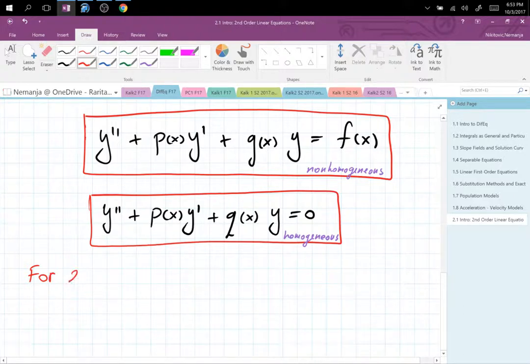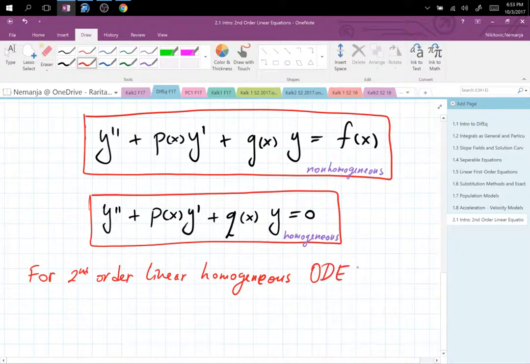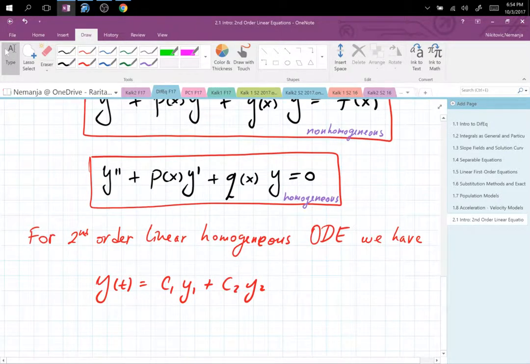For a second order linear homogeneous ODE, ordinary differential equation, the overall solution y of x is equal to c1 y1 plus c2 y2, where both of these y1 and y2 are functions of x, and each one of those is a solution to the differential equation on its own.